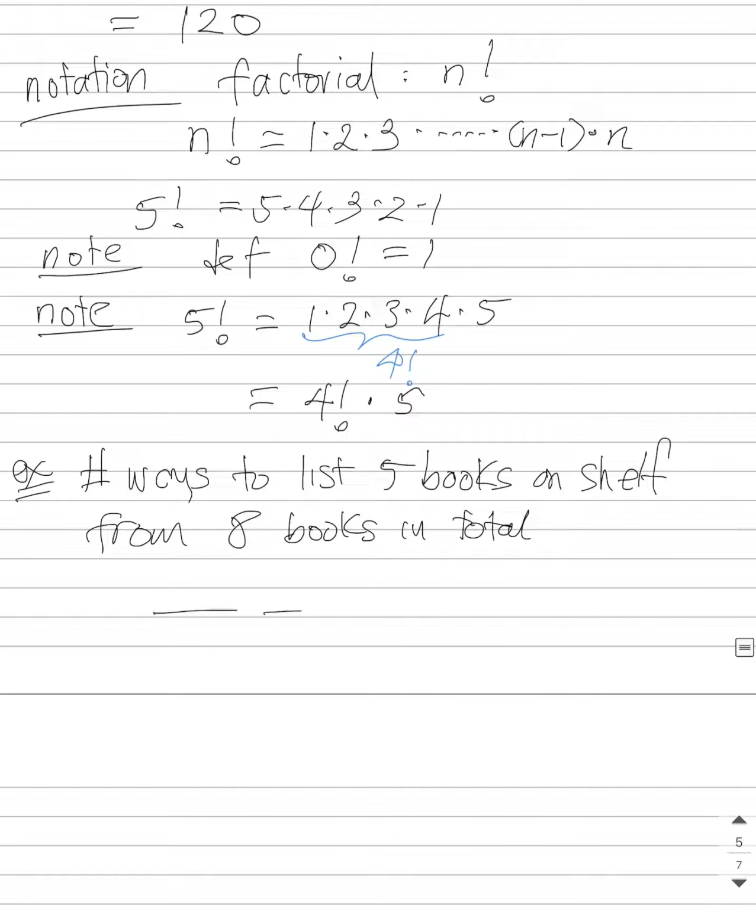We still have 1, 2, 3, 4, 5 books that we have to put in. But what's different this time is that we've got 8 to choose from in total. So that means we could choose any one of those 8 in the first slot. Once I choose any one of those 8, then obviously I have 7 left for the next book, and then I have 6 left, and then 5, and then 4.